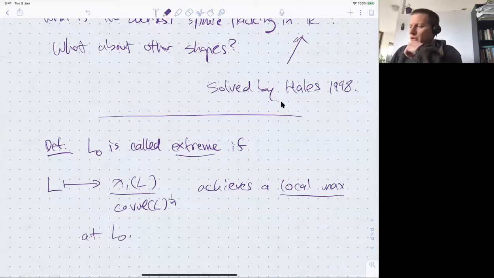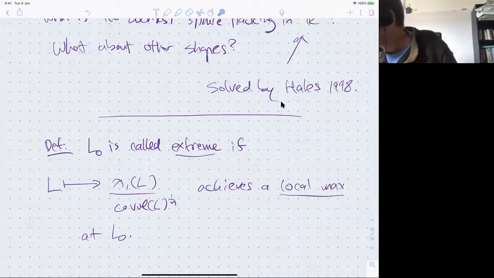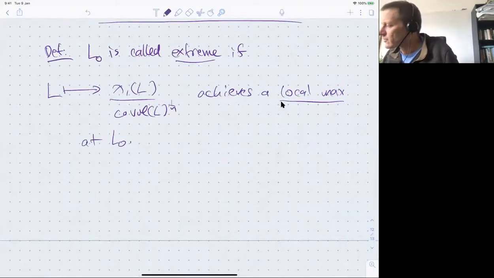So we're trying to find the lattice which maximizes this quantity among all lattices of dimension n. It's a real number valued function on the space of lattices. And since it's a topological space with a metric, we can also talk about local maxima. So instead of finding the maximum, we're going to be discussing the local maxima. And if you have a local maximum, then you call this extreme.